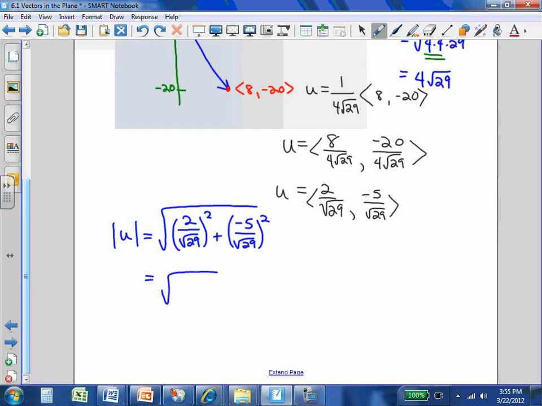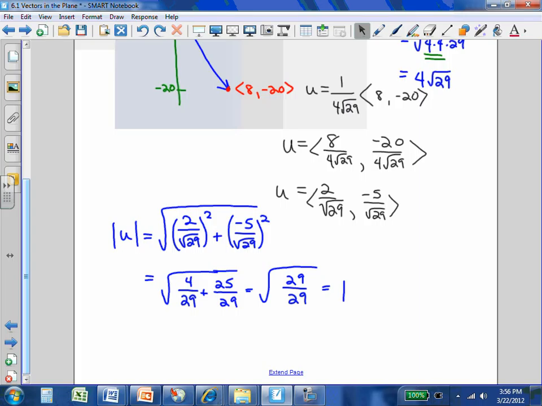So I have 4 over 29 plus, and then square the top there, negative 5 squared is 25 over 29. And adding my fractions together, I've got 29 over 29, and that is 1. So square root of 1 is 1. So yes, it is a unit vector. It has a magnitude of 1.